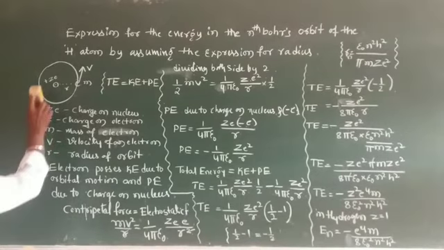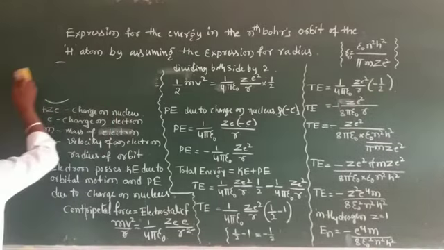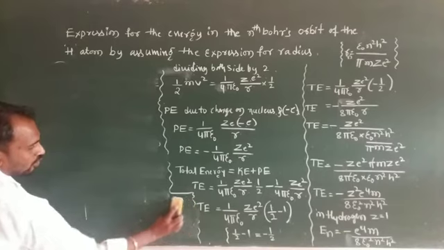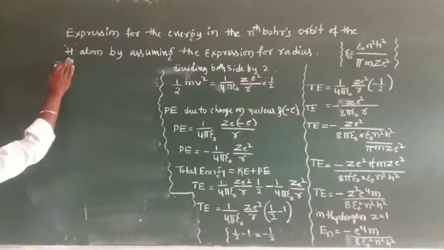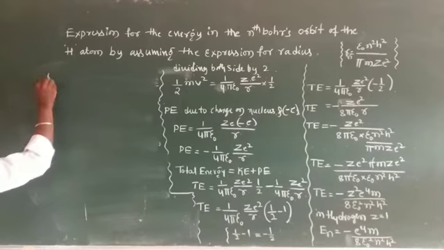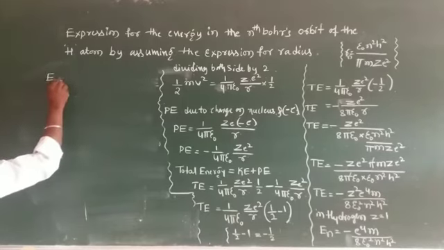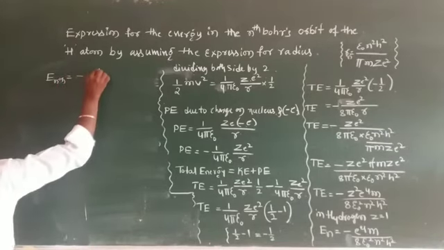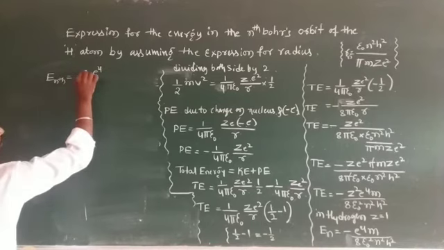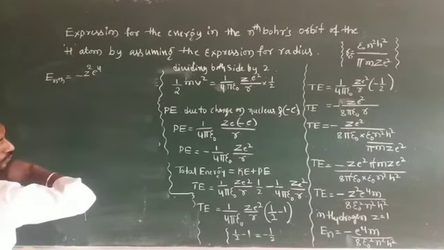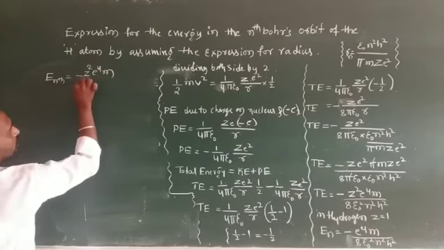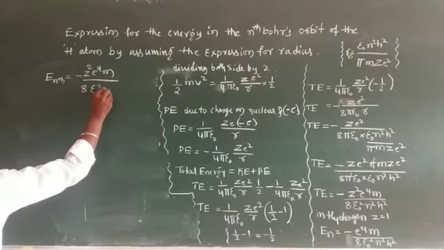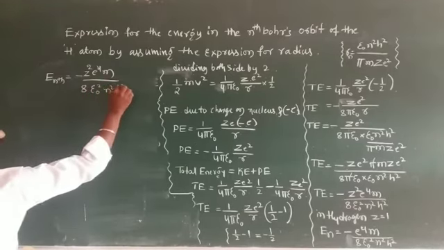Next, the total energy of the nth orbit is equal to minus Z square e raised to 4 m divided by 8 epsilon naught square n square and h square.